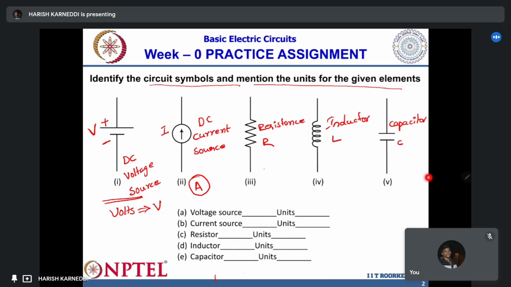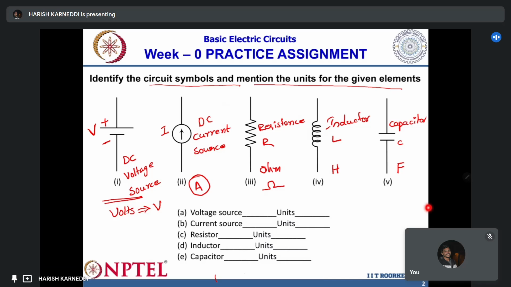The unit of resistance is ohms, and the symbol for ohm is like this. The inductance is measured in henries, represented with H. The unit for capacitance is farads, represented with F.